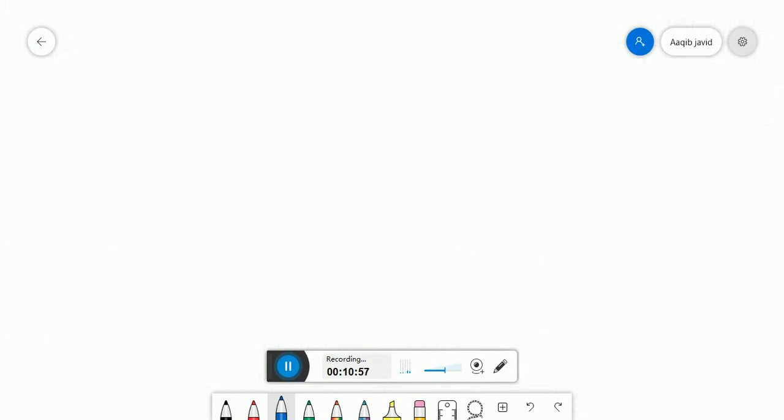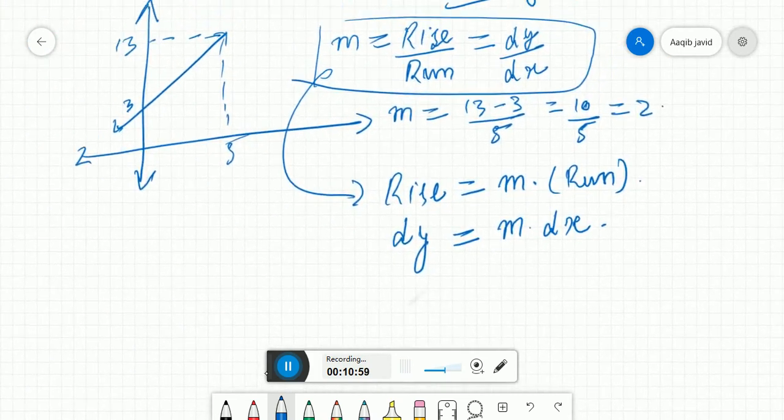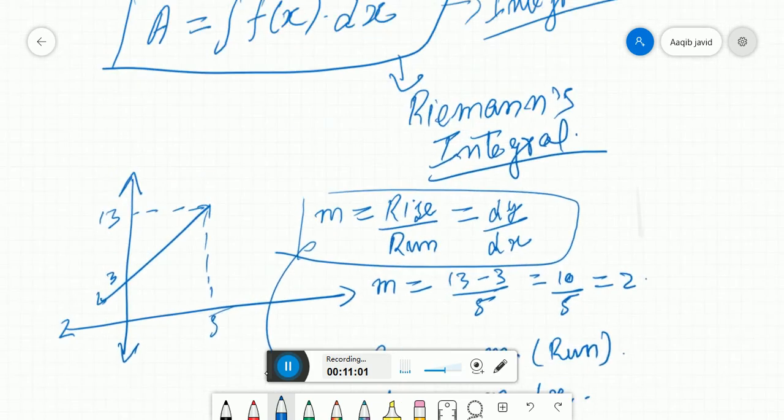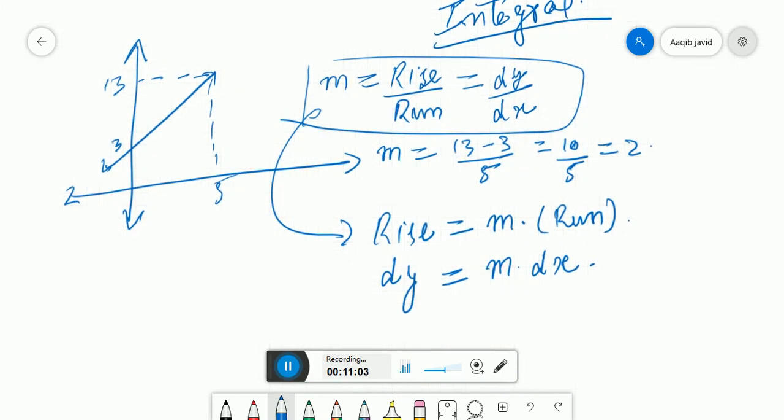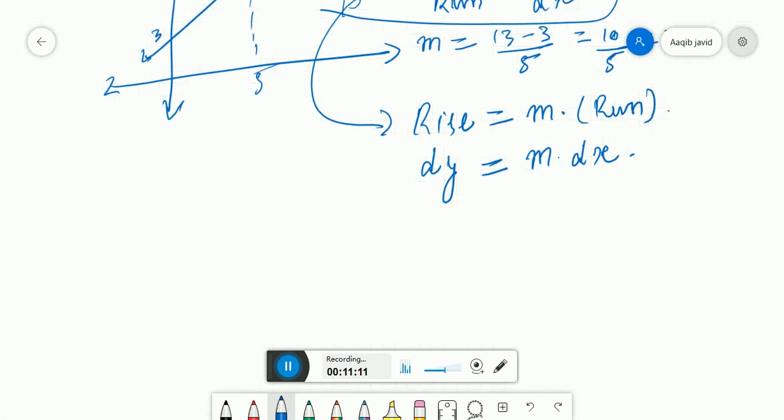Sorry guys, it comes right up from here. Rise is equal to dy over here, and run equals dx, times the gradient.